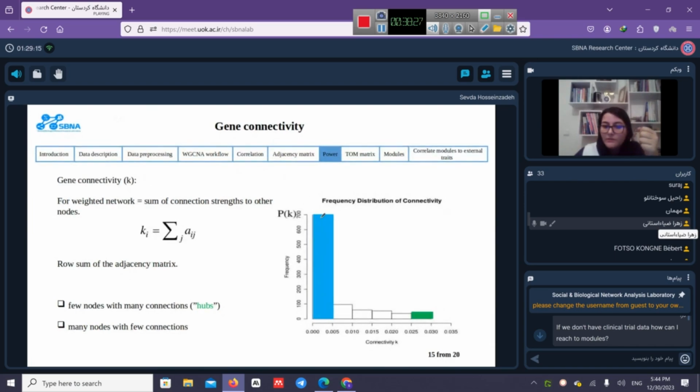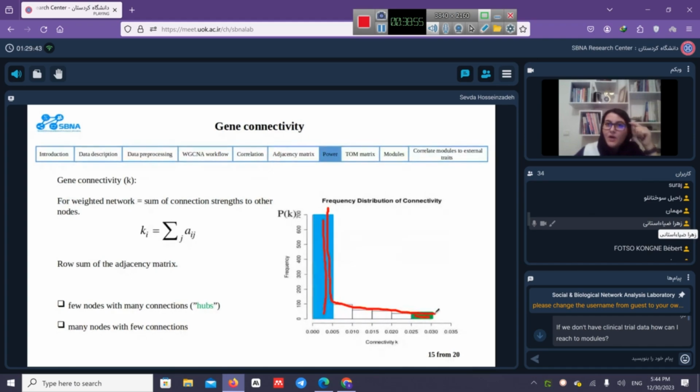In this part of the plot, we have lots of genes or transcripts that don't have any interaction or link with each other. And on the other hand, we have some genes as significant genes with high connectivity with each other. And therefore, this distribution is named scale-free topology.